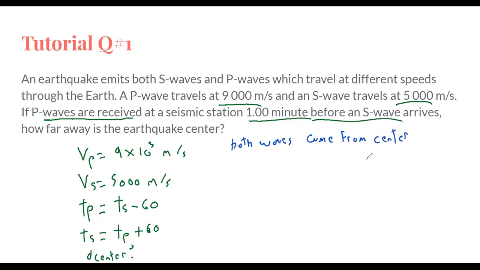In other words, the displacement of the primary wave must equal the displacement of the secondary wave. And you can recall that the displacement is determined by how fast you're going and for how long you've been traveling. So we can write that as the speed of the primary wave times the time of the primary must be equal to however fast the secondary wave is times however long it's been moving for.